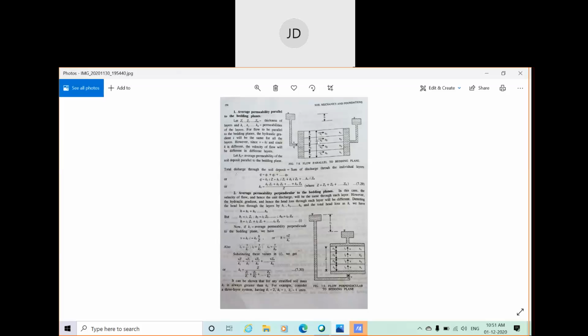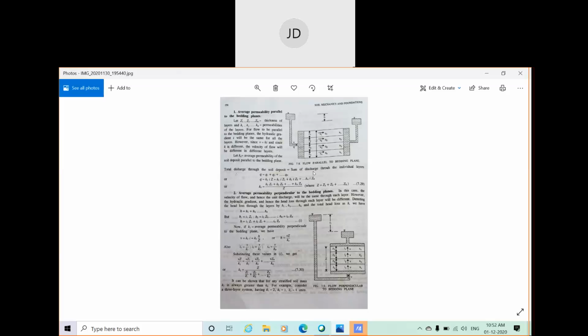In the same way we can find Q1, the discharge through layer 1, by using the same equation, that is KIA or KIZ. In place of K we can write K1. I will be the same since the hydraulic gradient is constant throughout, and in case of Z we can put Z1. This is for the first layer, similarly for the second layer, and so on.